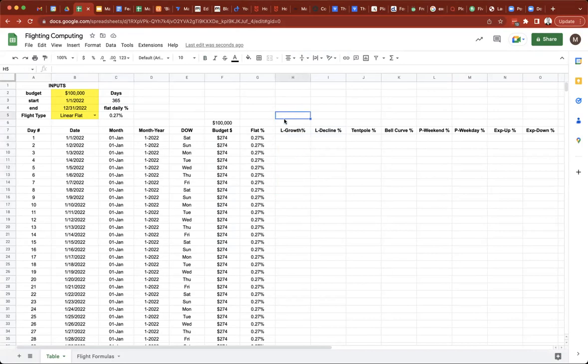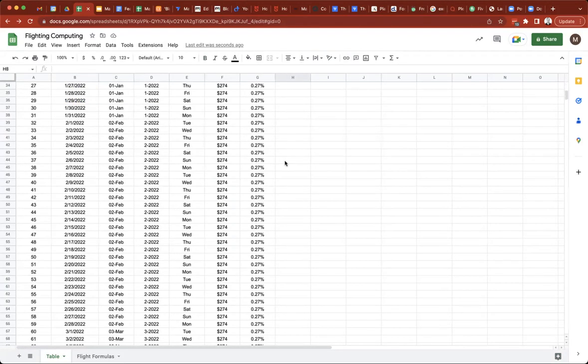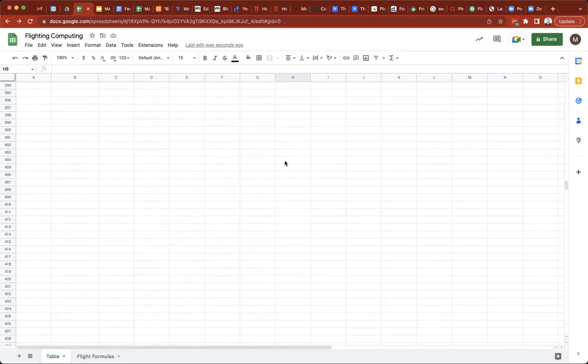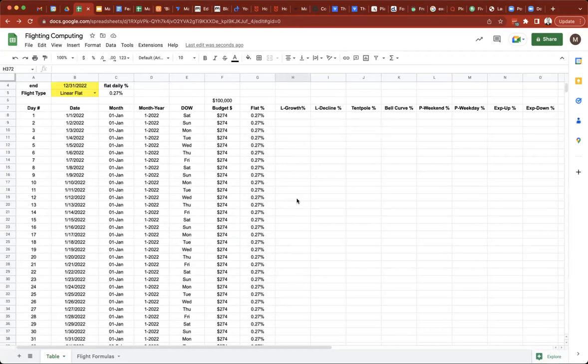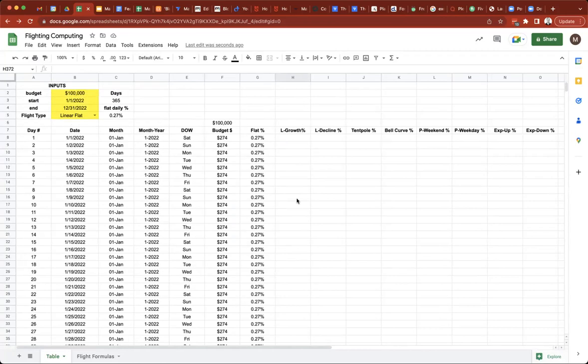By linear growth schedule, I mean this percentage would be the smallest percentage of the schedule, and all the way down to the last day, this percentage would have the largest percentage, and it would grow in a linear fashion. So not in an exponential fashion or any other type of curve, just a straight linear increasing curve. And then the same thing in this column, but in the opposite direction, where the first day would have the largest percentage and the last day would have the smallest percentage.